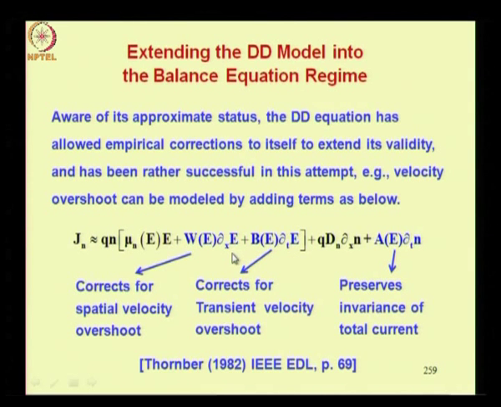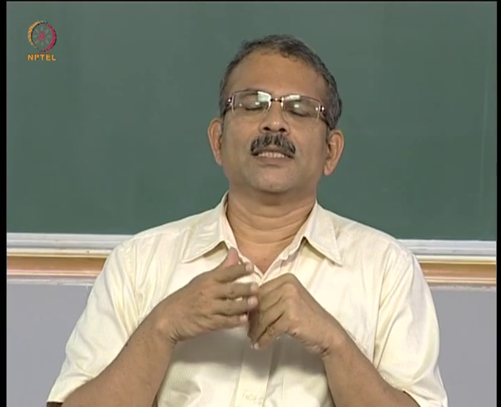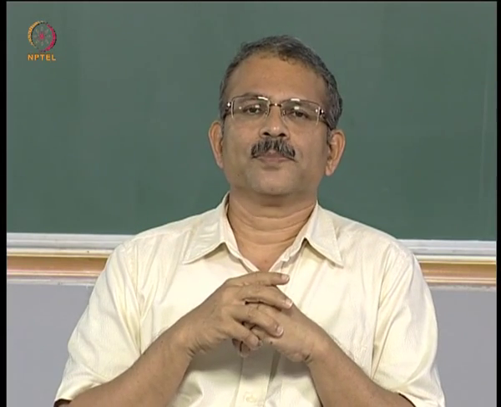So this way you see that you are trying to complete the picture by adding time varying and spatially varying electric field terms and time varying and spatially varying concentration terms. So you are retaining all these kinds of variations in the equation, hoping to model velocity overshoot. So you know that velocity overshoot results if the electric field suddenly changes as a function of distance or time.